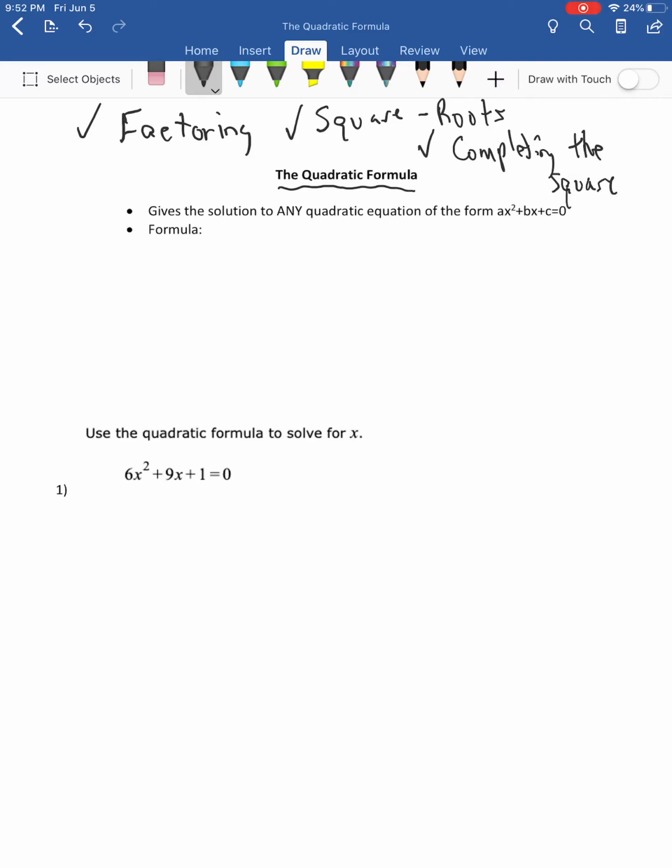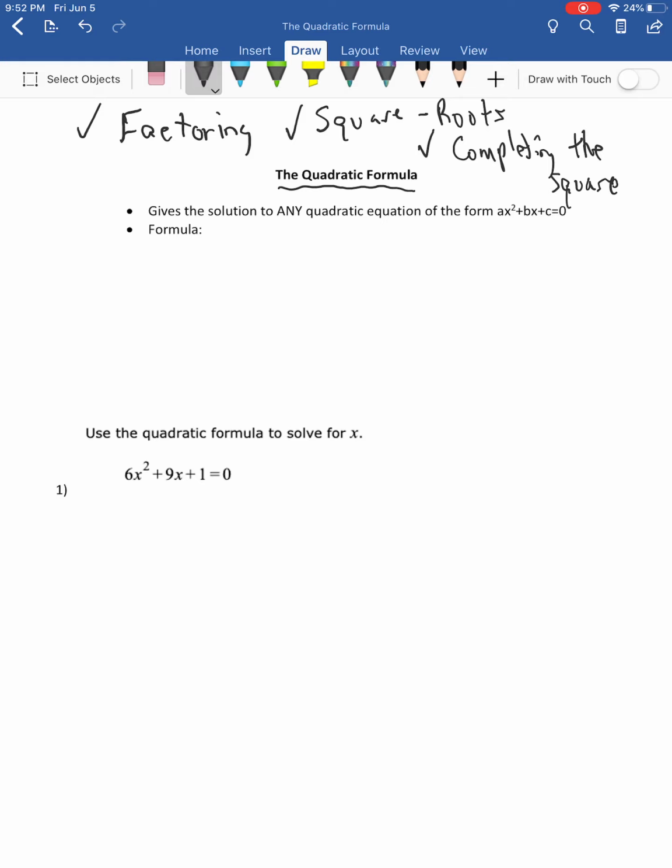The reason we need the quadratic formula is that sometimes the three methods above either don't work or are not the quickest, easiest, most straightforward way of solving the quadratic equation you're working on. The nice thing about the quadratic formula is that you can always use it. It's going to work for any quadratic equation, even the ones with non-real solutions that you'll see in your next algebra course.